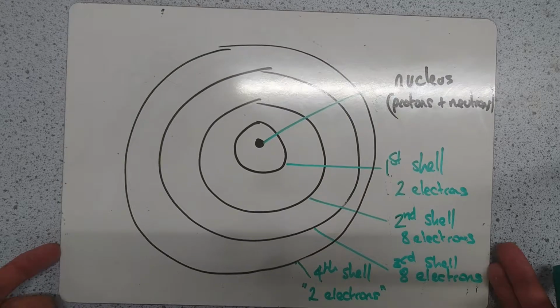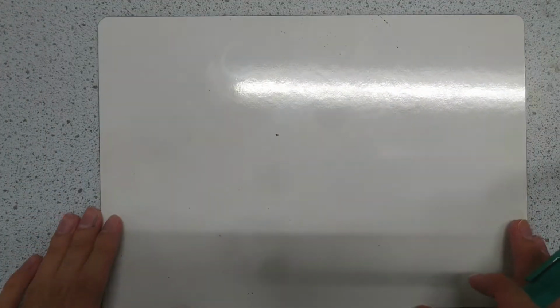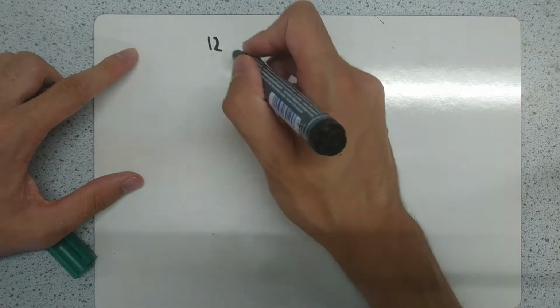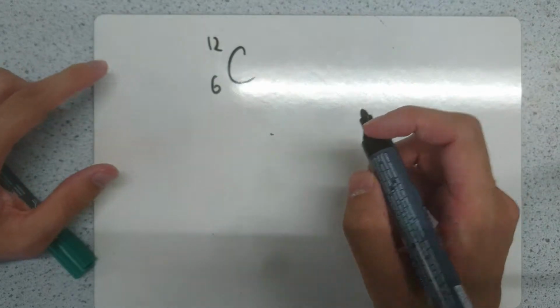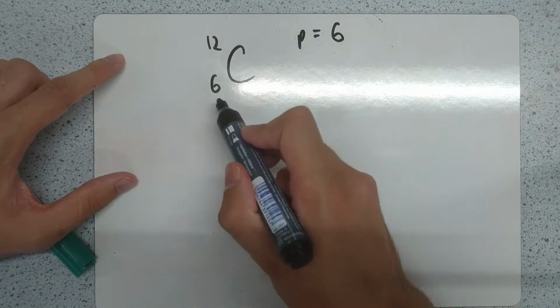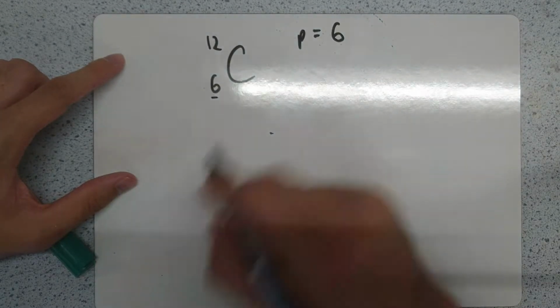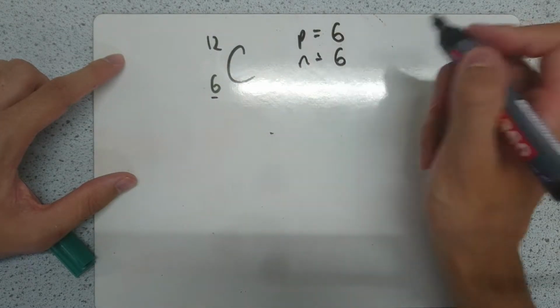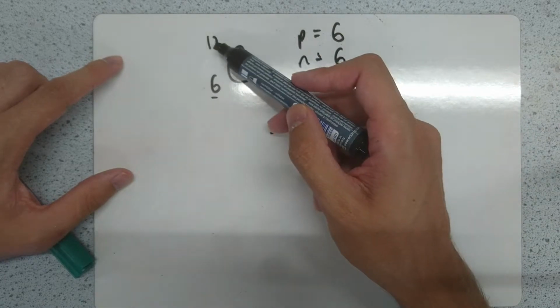We'll look at an example of this at work, and I'm going to take carbon. If I take an atom of carbon, the most common atom, carbon 12, we have 6 protons because the atomic number is 6. Our neutrons are also 6 because the mass number is 12.